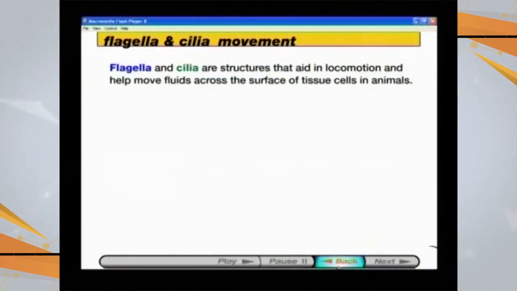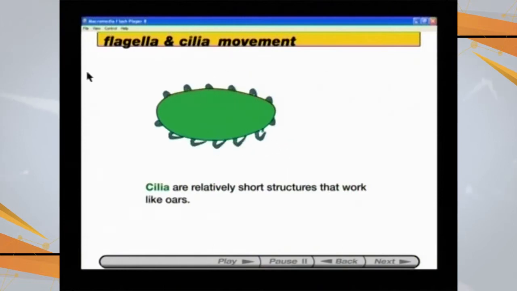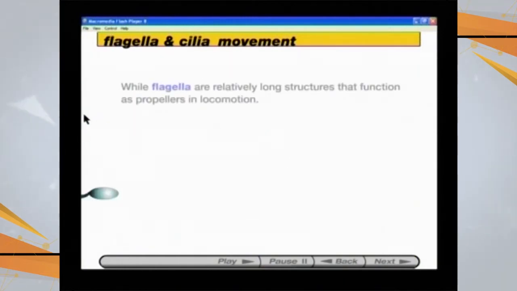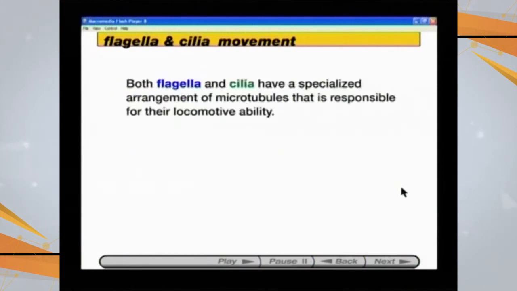Okay, looking at the movement of cilia and flagella. Both of these structures help in locomotion. These are the cilia, multiple and small, and this is the flagellum, long and single. Both of these are responsible for the locomotion or movement in the organisms.